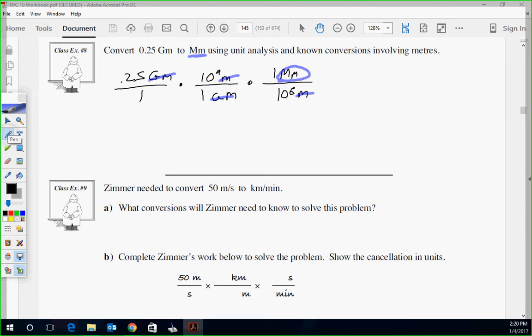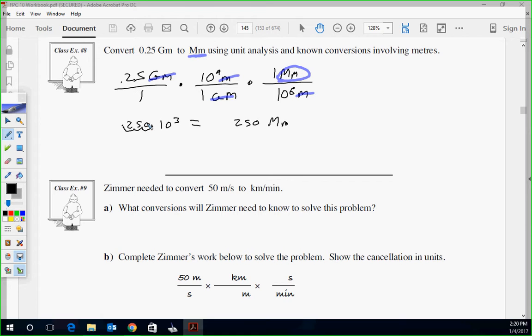What's one quick thing I can do? Yeah, 9 over 6 is a what? 10 to the 9 minus 10 to the 6, 10 to the 3. Nothing's on the bottom now. I simply go 250 megameters. Why is it 250? 1, 2, 3. You can also use your calculator and times 10 to the 3.